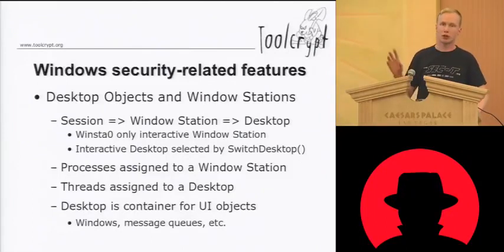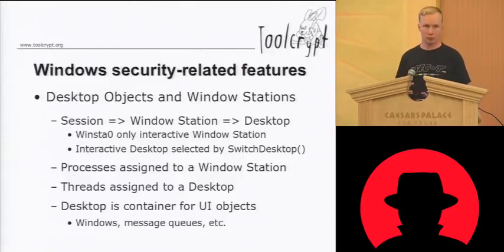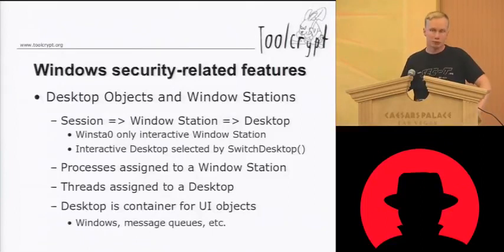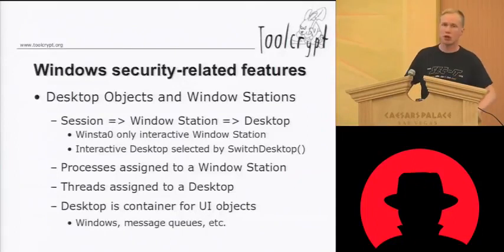So two processes that have windows open on the same desktop have a way of talking to each other without there being any security involved at all. They can, for example, post messages to each other's message queues, and these messages can be quite nasty. If you look up what's called a shatter attack, you can see what happens when a process posts messages to the message queue of another process that might have higher privileges. It can get it to do nasty stuff.